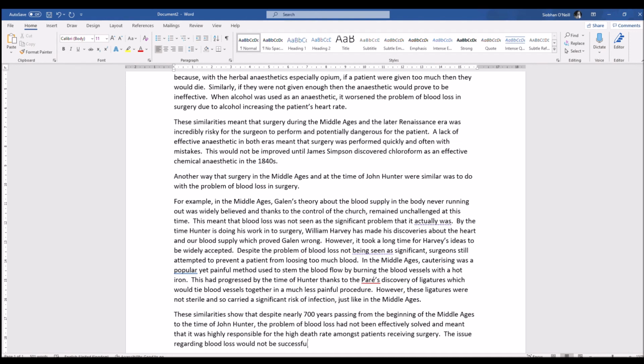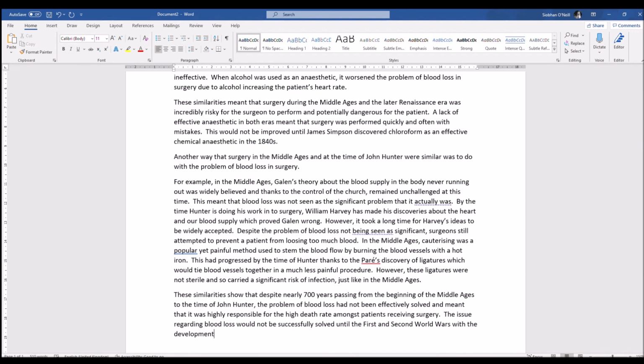Successfully solved until the First and Second World Wars, with the development of blood transfusions, blood groups, and effective blood storage. Right, let's read that paragraph again.